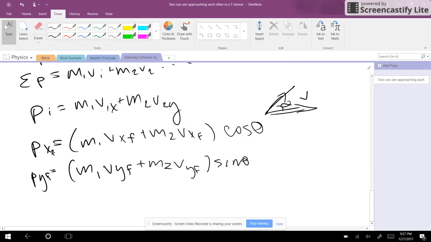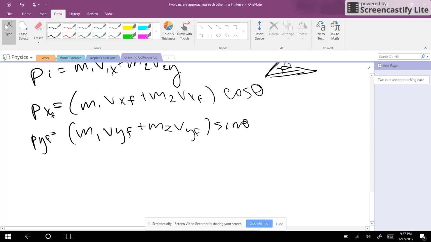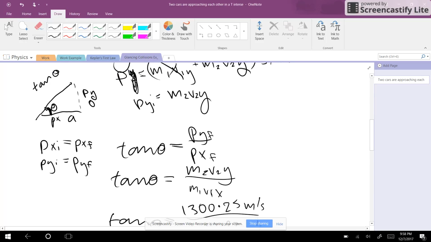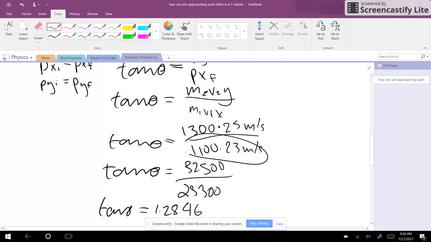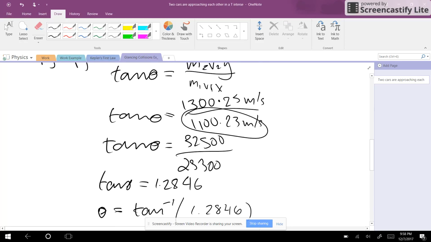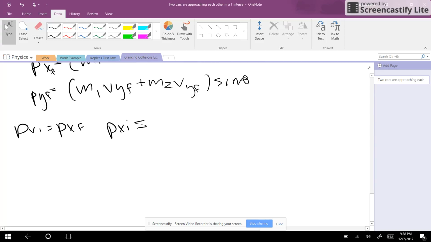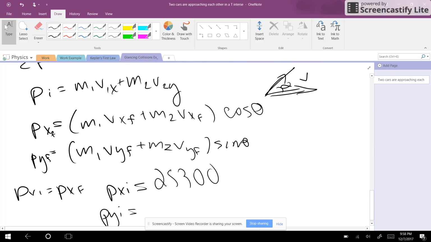And from the previous things, we already know that pxi equals pxf, and pxi equals, I know I have it here somewhere. It's this one: 1100 times 23.25, and my pyi was going to be 32.5.